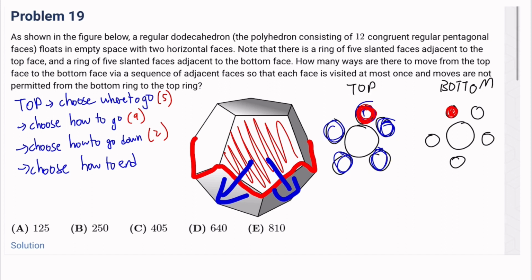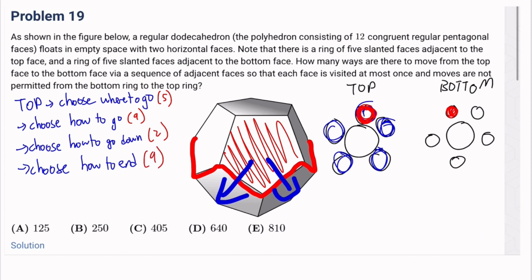We can go right away, that's one, or we can go clockwise like this, so 1, 2, 3, 4, or we can go counterclockwise, which would be 1, 2, 3, 4 ways. So we have 9 ways in total also, and so this will also be 9.